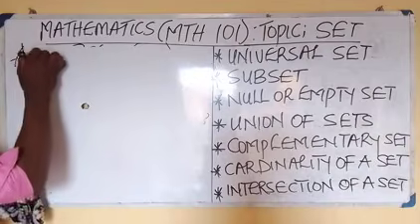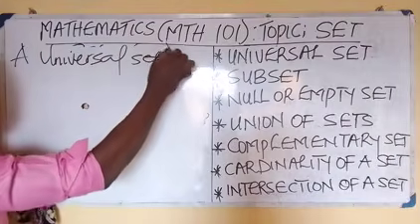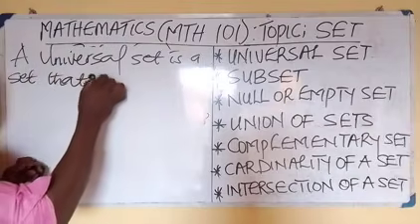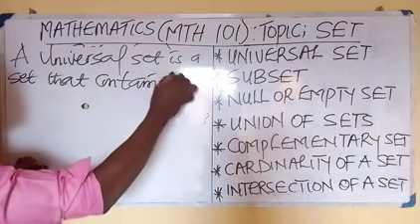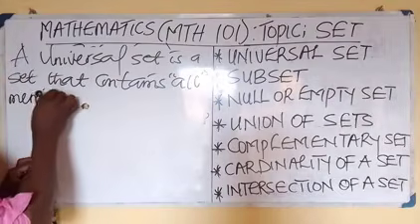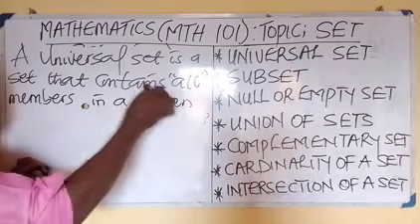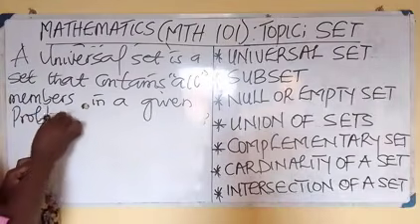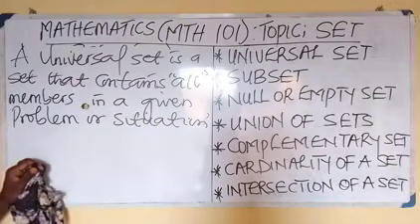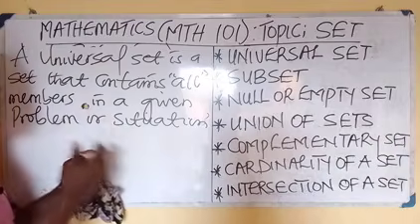All right, so a universal set is a set that contains all, take note of this word, all members in a given problem or situation. All right, so a universal set is a set that contains all members in a given problem or situation.